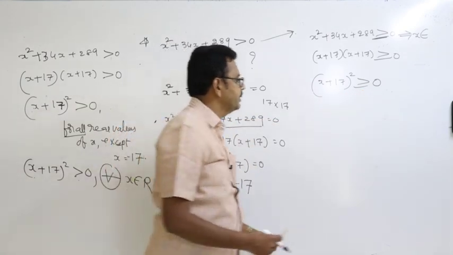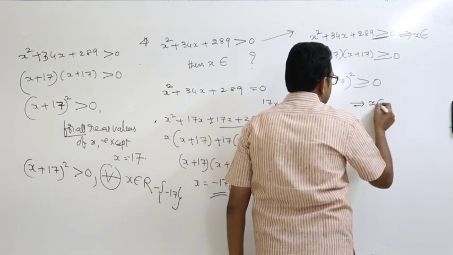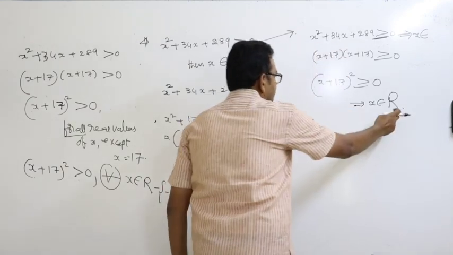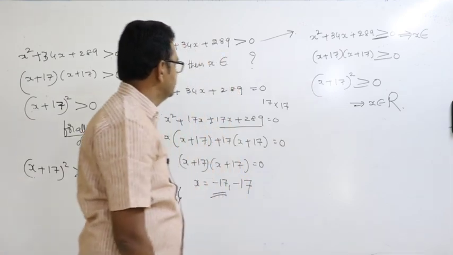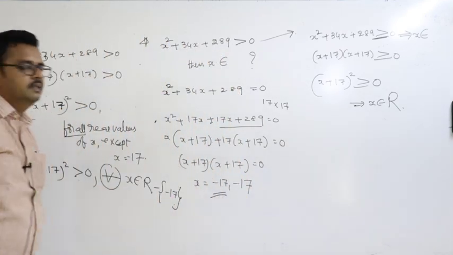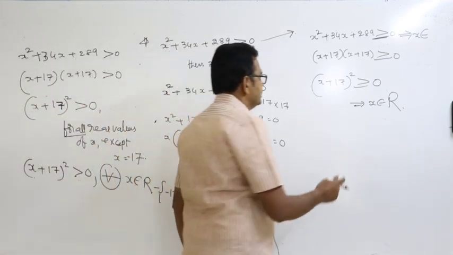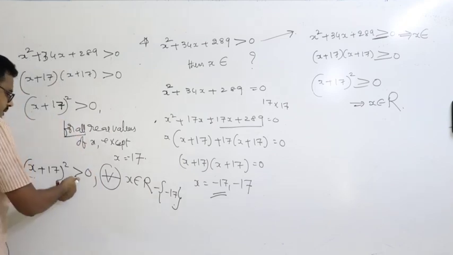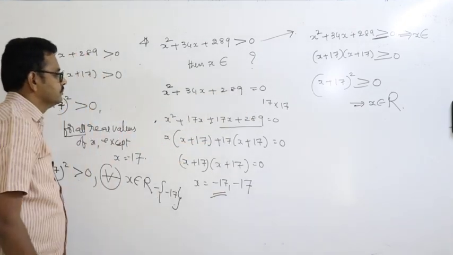So x belongs to what? x belongs to R. For every real number, it is always greater than or equal to 0. See the difference between these two. This is strictly greater than 0, that is greater than or equal to 0.